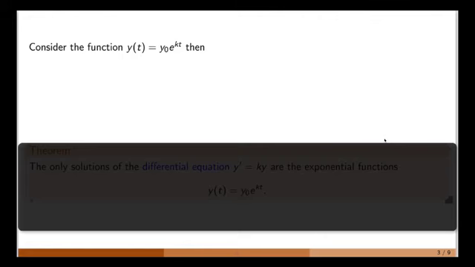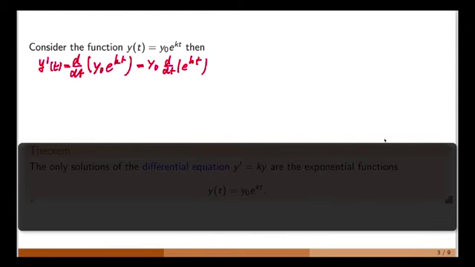Let's consider the function y of t equals y0 e to the kt, and I look at its derivative. y prime of t is d by dt of y0 e to the kt. And then y0 is a constant. I can take it out of the derivative, so this is y0 times d by dt e to the kt.